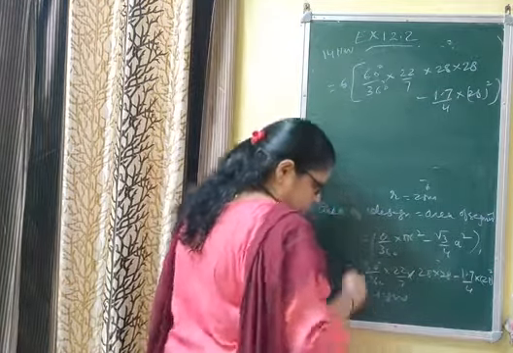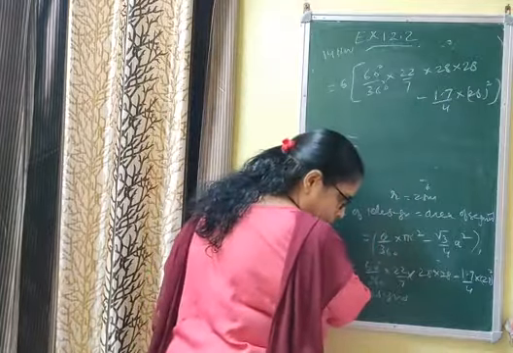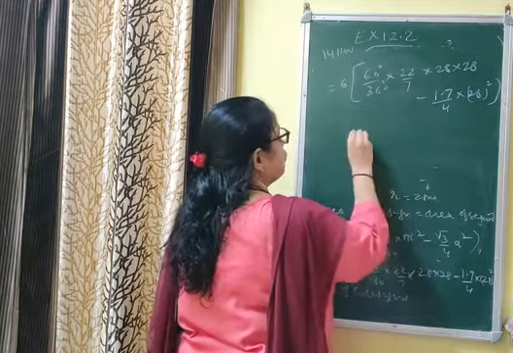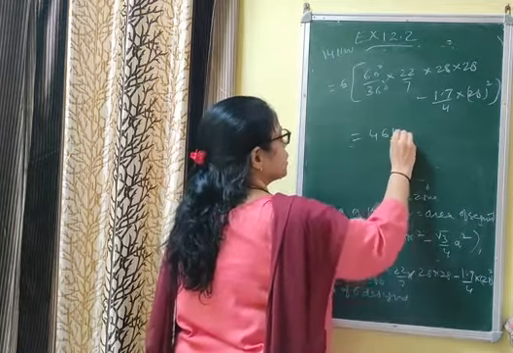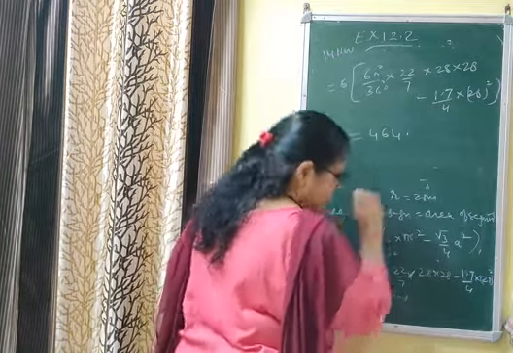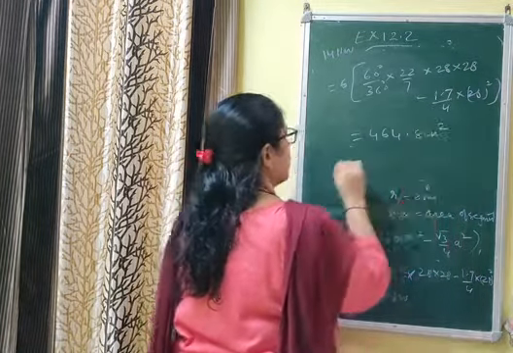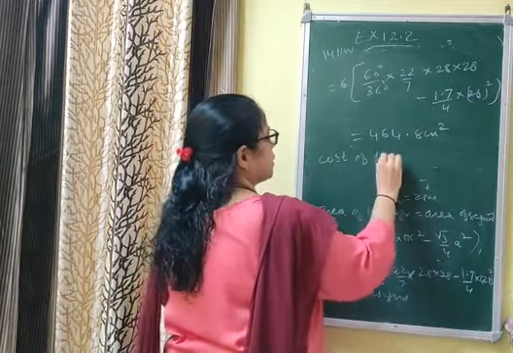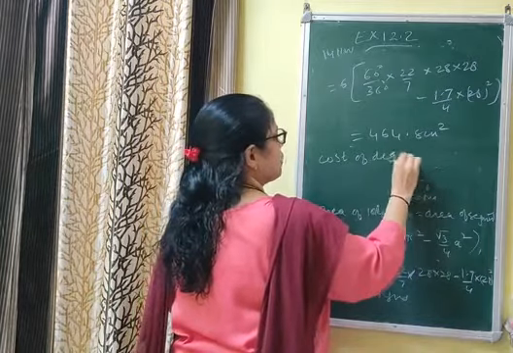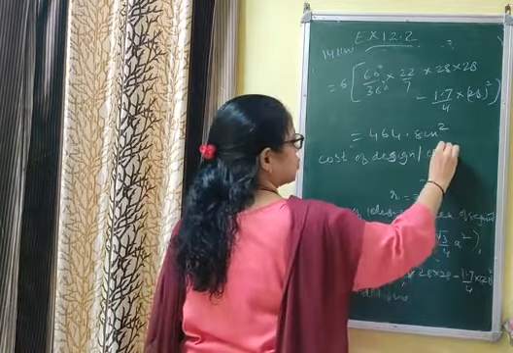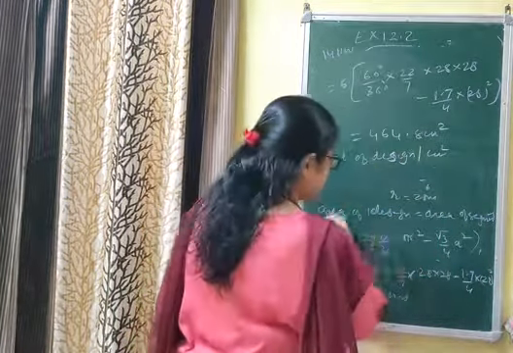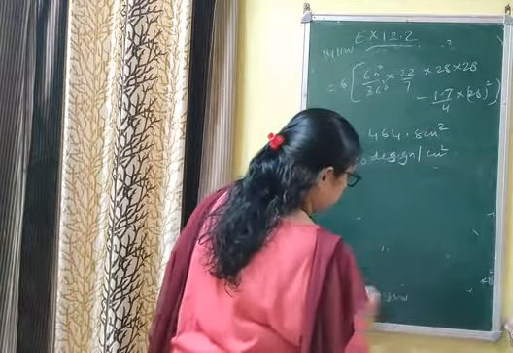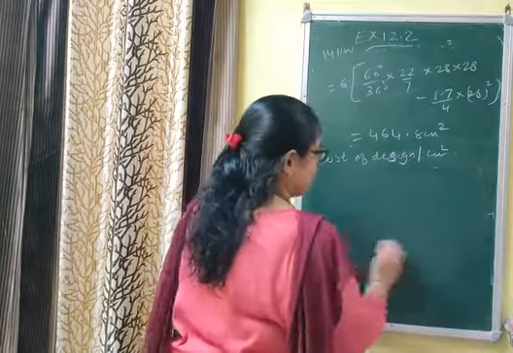You will get the answer as, I am not showing the step, but you will get the answer as 464.8 cm square. You have to do this by yourself. This is the total area. Now what is the cost of design per cm square? cm square कितना दे रखा आपको? Cost of design per cm square is given as 0.35 rupees. सारे calculation you have to do by yourself.